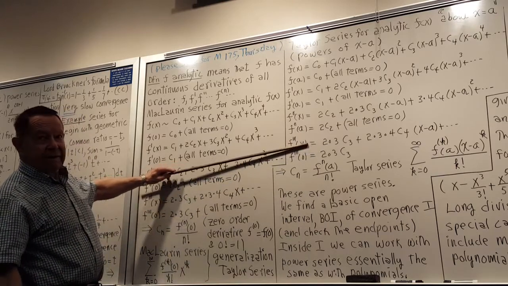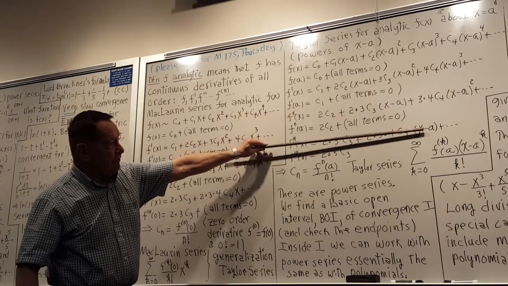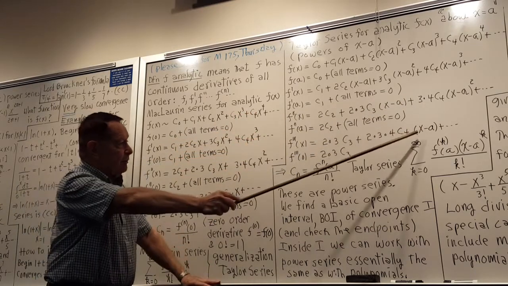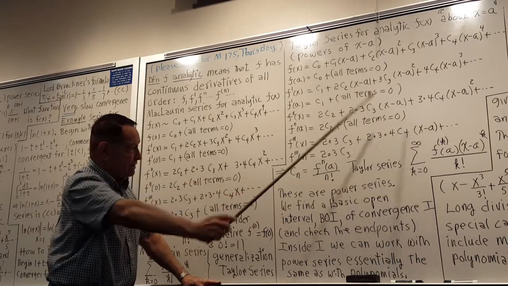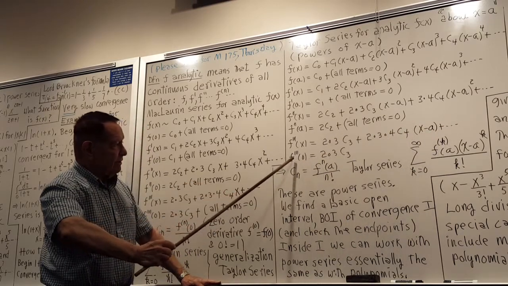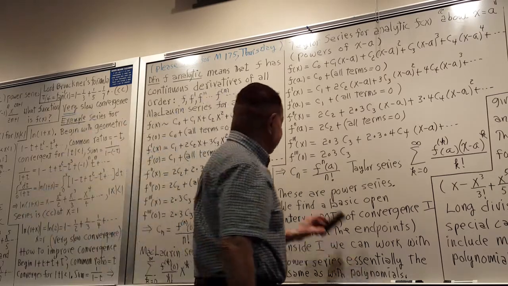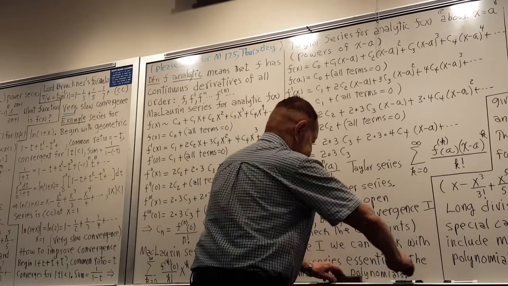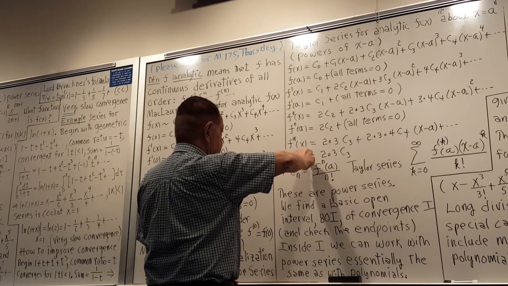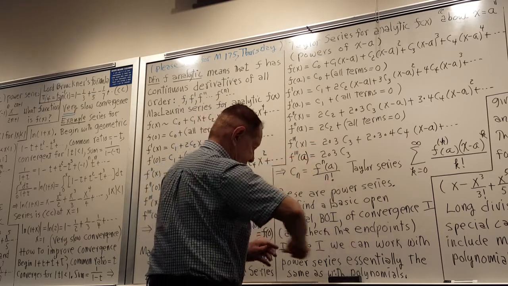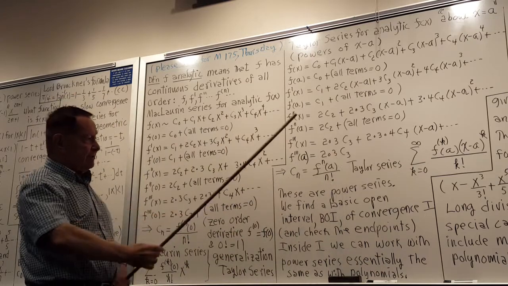And then if you wanted C3, take this line and differentiate again and put in a from here on to the right to get zeros. And so your third derivative, that's supposed to be a and not 0, will give you 2 times 3 times C3.